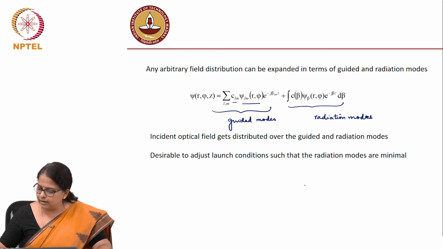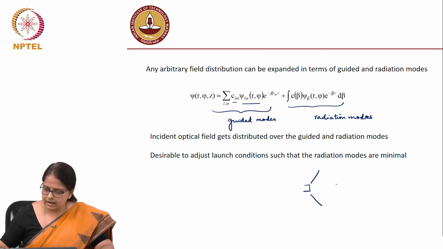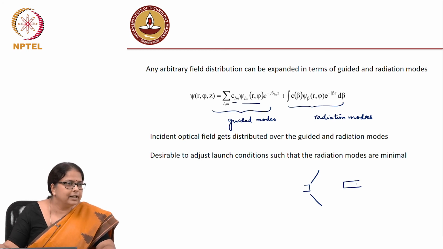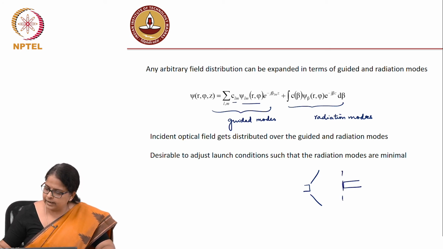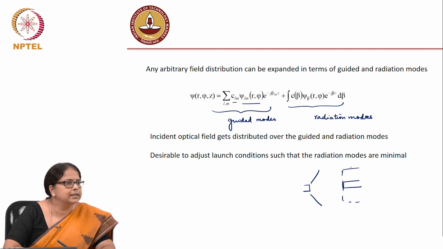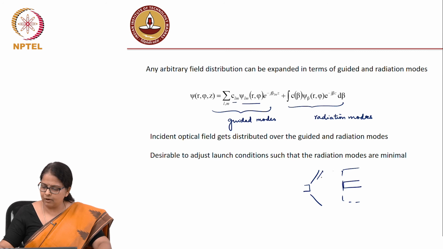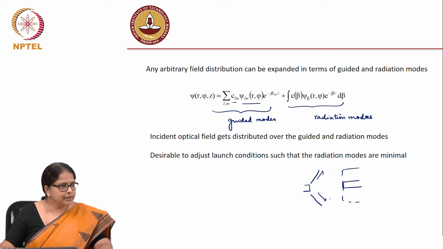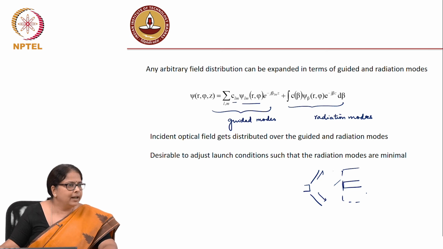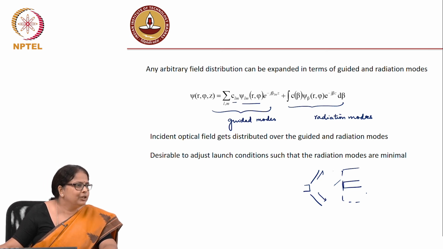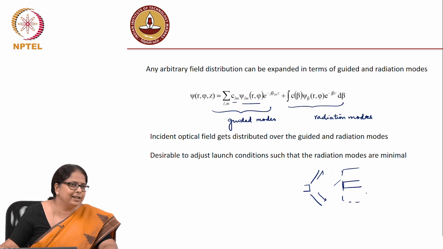Suppose I have a source which is doing this, I will keep the fiber here and try to get light outside. What actually happens in this case? The light is propagating in all possible angles, and so it gets launched in all possible angles, and then it will get distributed between the cladding modes and the guided modes.